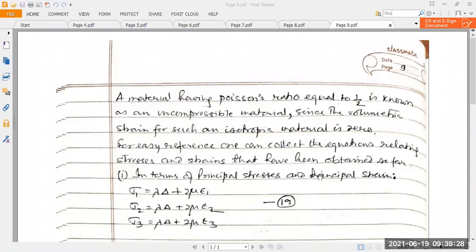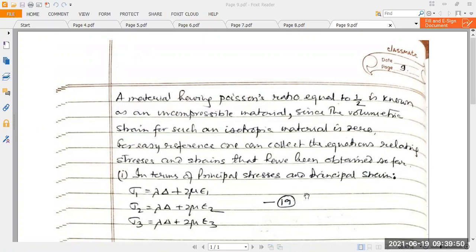Now, a material having a Poisson's ratio equal to half is known as an incompressible material, which means the volumetric strain for such an isotropic material is equal to 0. For easy reference, we can recall the equations with stress and strain that have been obtained so far.